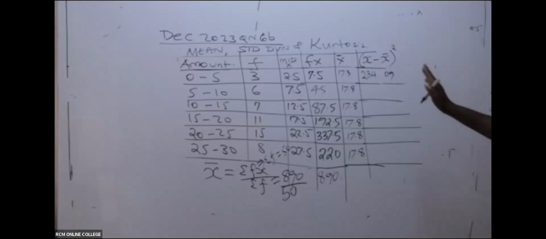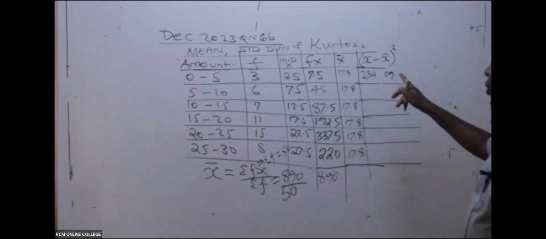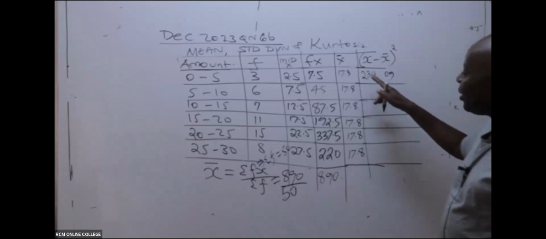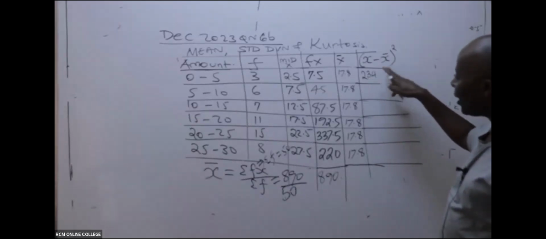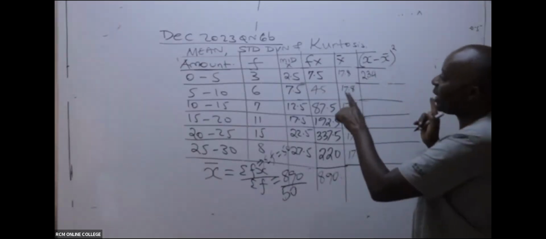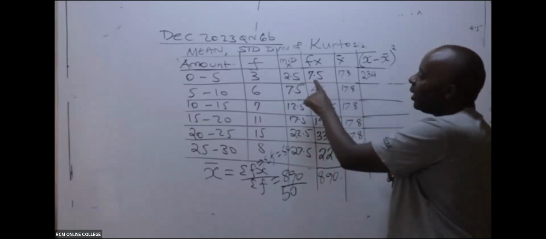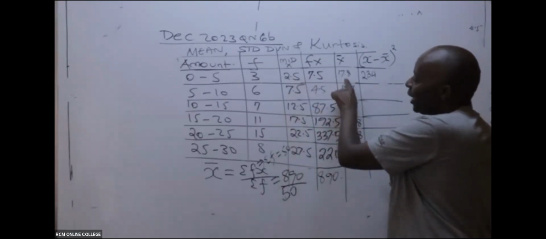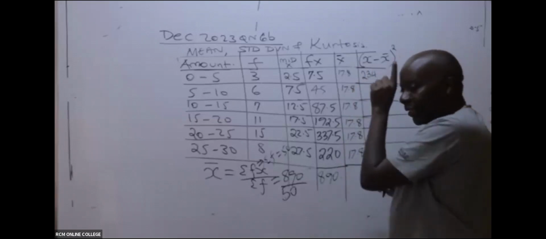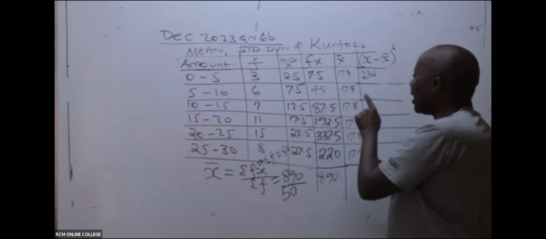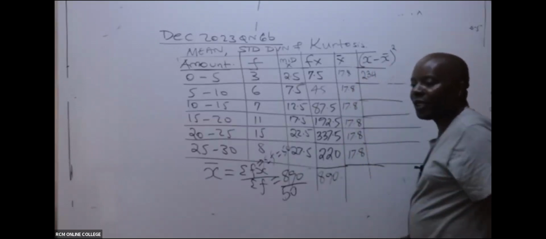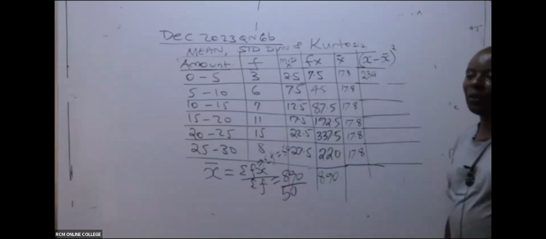Okay, so then we start afresh here. Will this be 234? Please, let's do this together. X minus x bar. 2.5 minus 17.8. Whatever we get, there is a square. What answer are we getting here? We start with the first one.